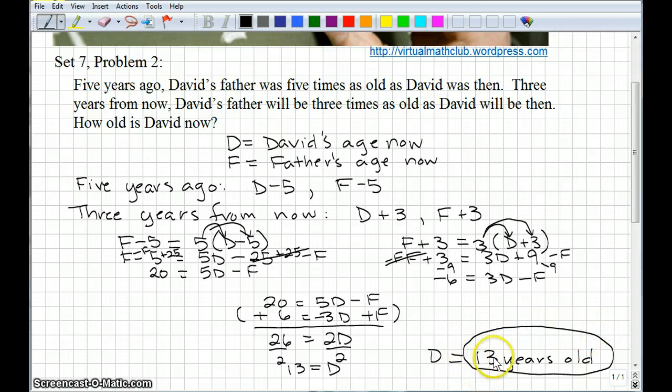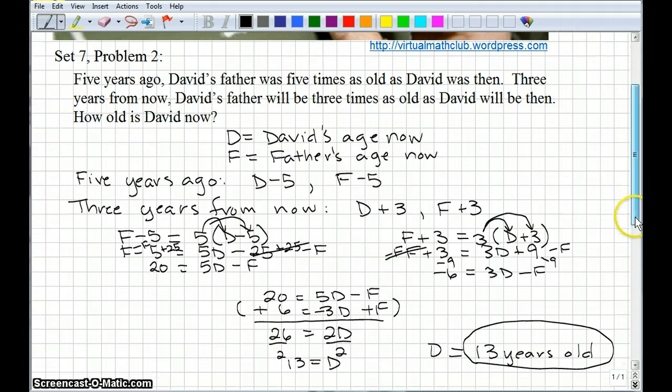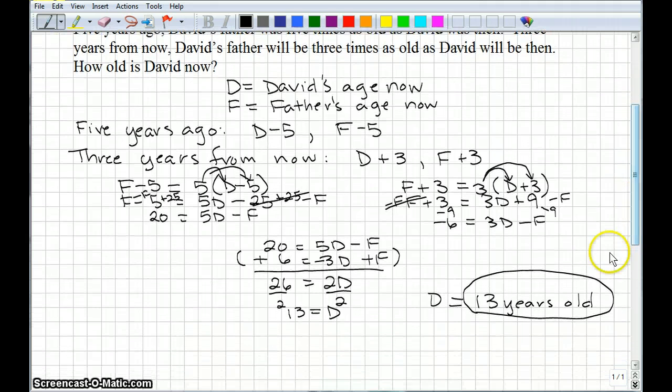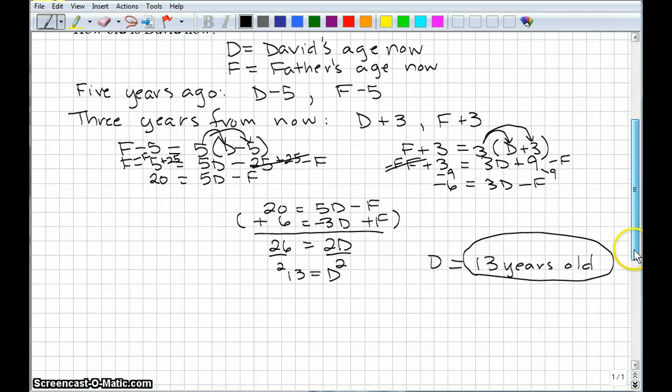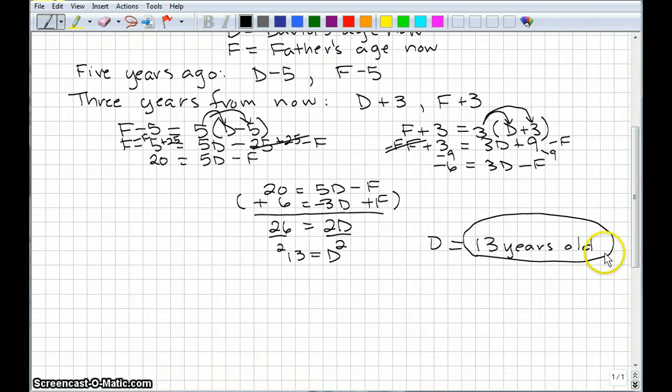And we can actually take this a little further if you want. It kind of helps sometimes to check your answer too and see if that really makes sense. So let's see if we can find his father's age. If David is 13 years old, then we can take that d equals 13 and we can plug it back into any one of these equations up here. But let's see, what's a good one to do? What if we just plug it into, let's do this one.